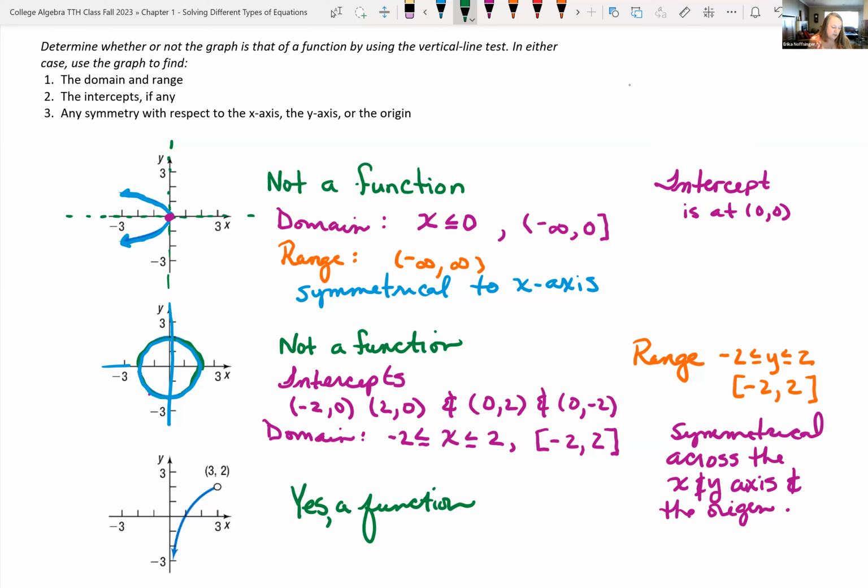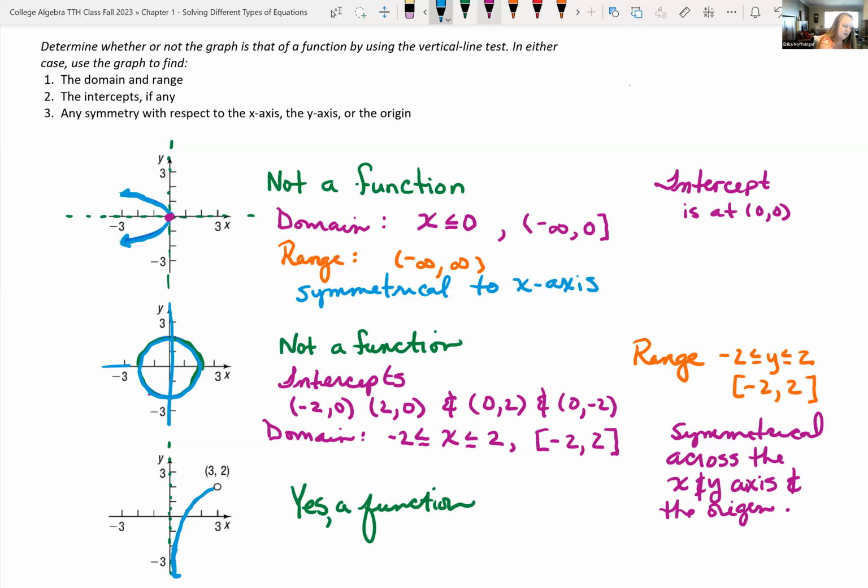Looking at our domain and range, we actually have what is called a vertical asymptote on our y-axis. It looks like this graph, because of the arrow, is continuing on, going down to negative infinity. It's never going to touch or cross this x-axis.